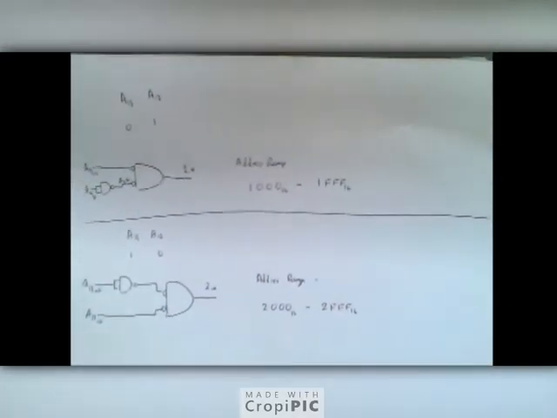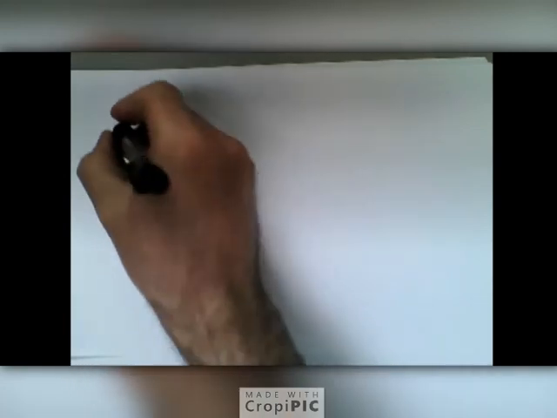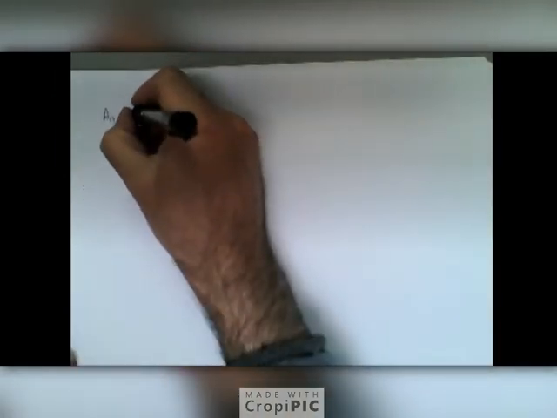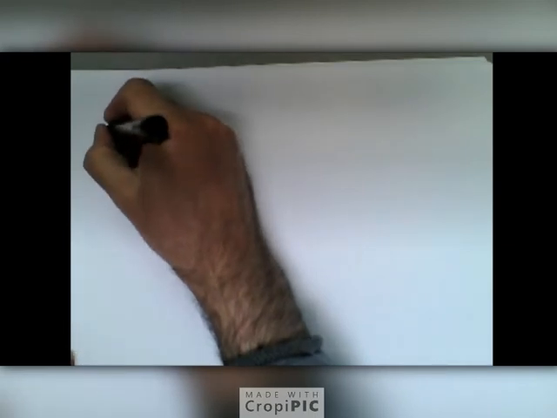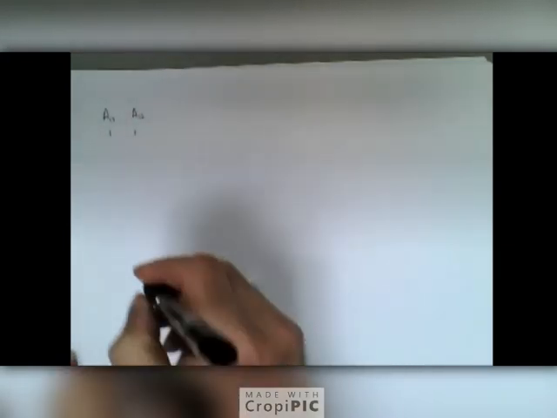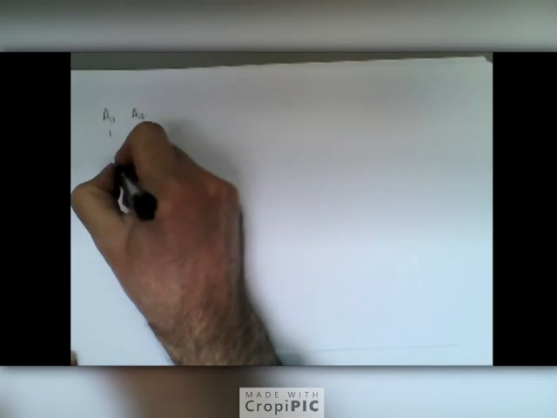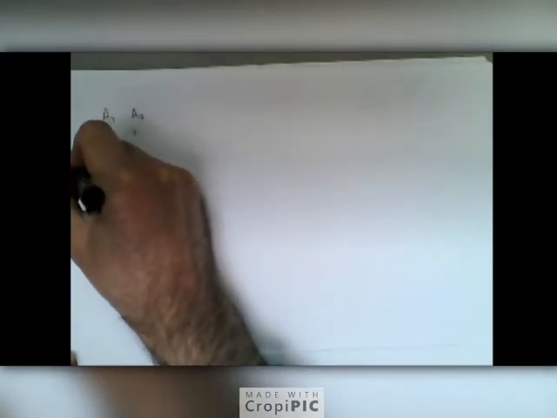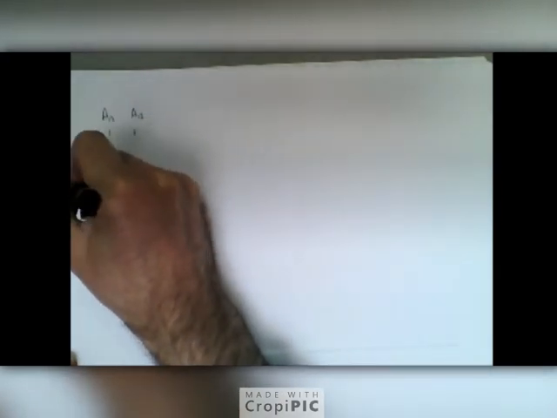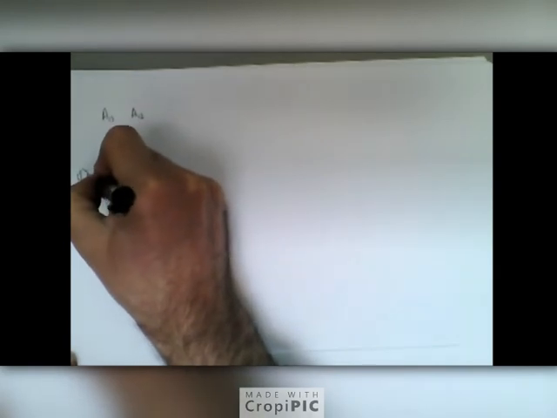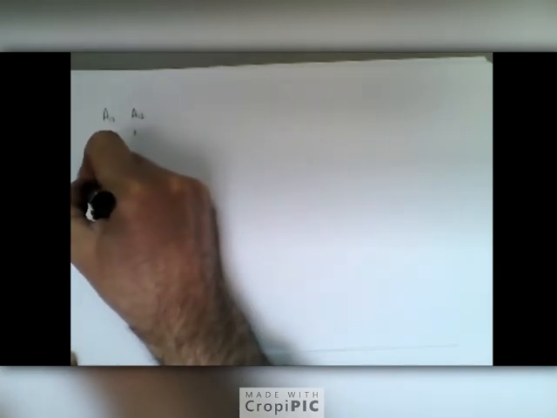Finally, the upper quarter region where A13 and A12 both have the value of 1. Well, here we need two inverters.